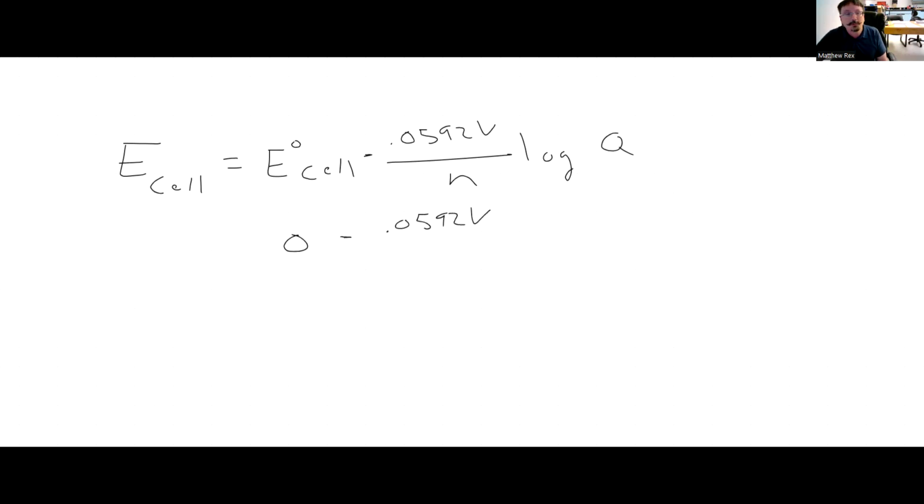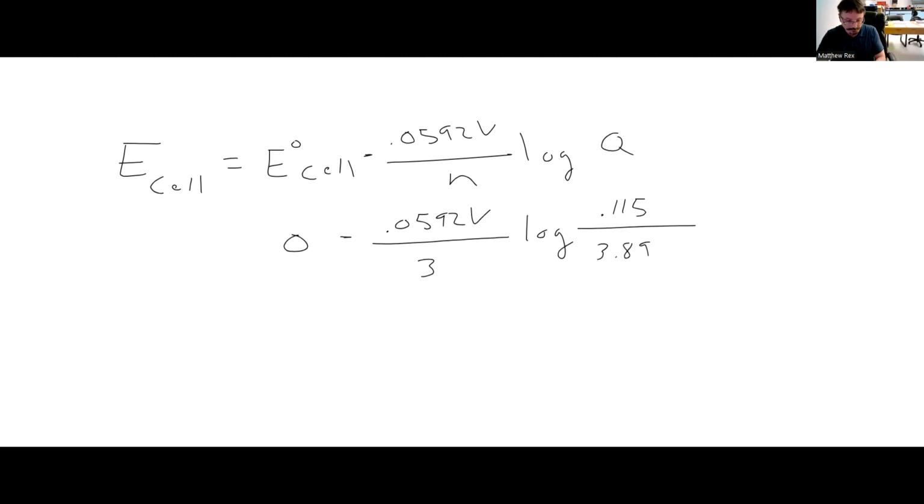We're looking at aluminum 3 plus and aluminum 0. So our N, or the number of electrons that we're going to be transferring, is going to be 3, and then a log of Q. We have the lower concentration being our product, and the higher concentration being our reactant.